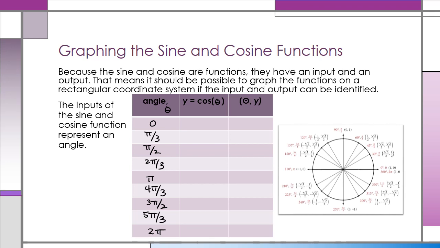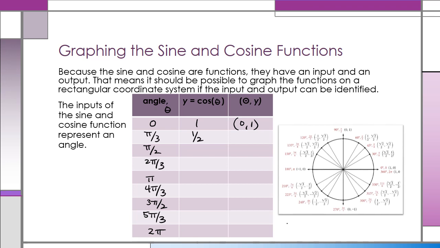All right, and I've got my circle off to the side, my unit circle. Let's see if that helps me. Now, we really should be able to do this without that circle, but this will help us go a little bit faster. So what is the cosine of 0? The cosine of 0 is 1, and so that gives me the ordered pair 0, 1. What is the cosine of pi over 3?